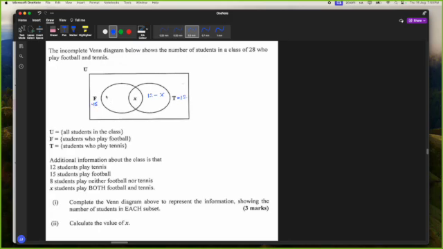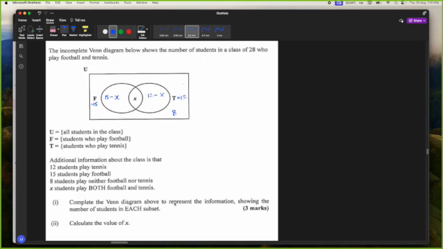And that means that the students who play in football only will be 15 minus x, right? 8 students play neither football nor tennis. So no football, no tennis. 8 students will be on the outside here, right? X students play both football and tennis. Well, that is already there.